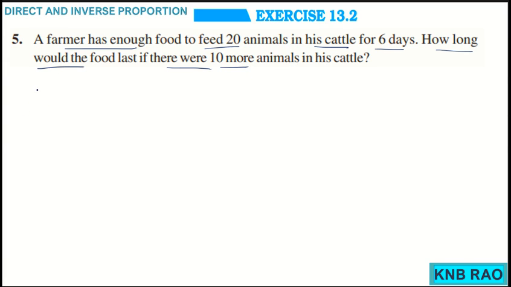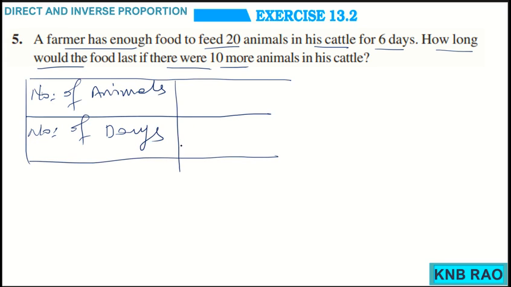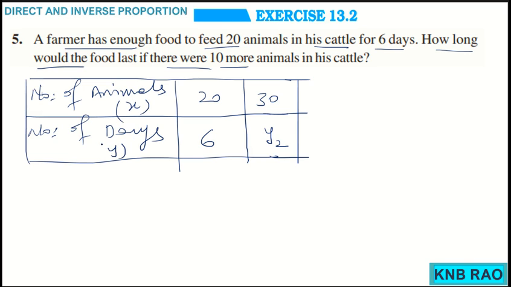Here I am drawing the table between the number of animals, that is the number of cattle, and the number of days. So here, if there are 20 animals, it will last 6 days. If 10 more are added, that means 10 more to this 20 becomes 30, and we need y2 days. I just took this as x variable and this as y variable.